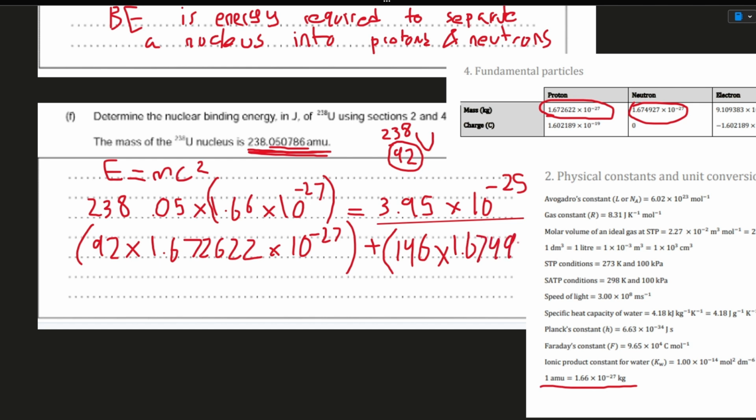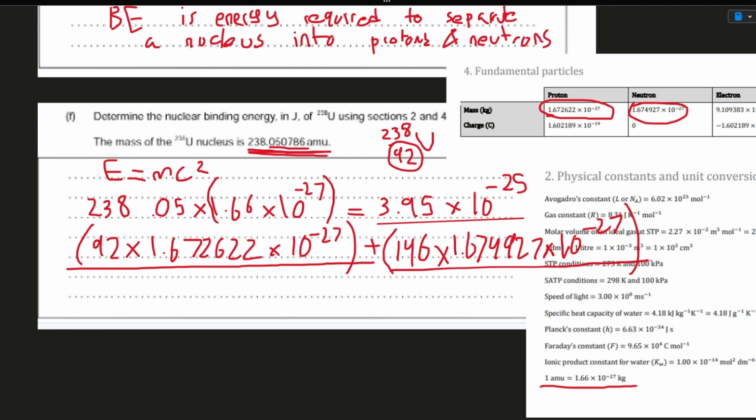So 1.6749 times 10 to the power of negative 27. So now we have the mass of the protons and we have the mass of the neutrons.